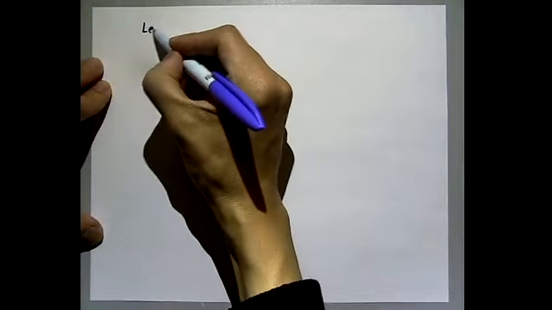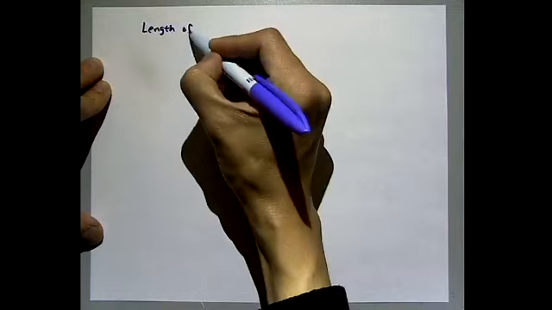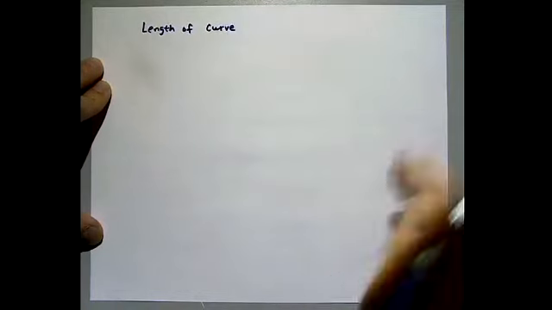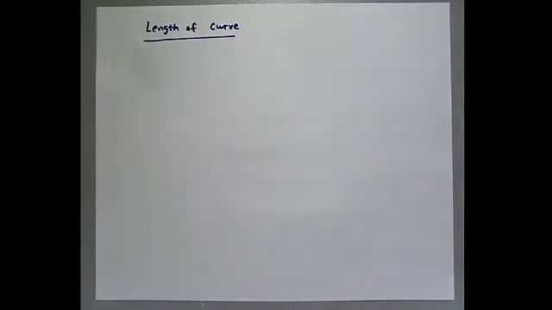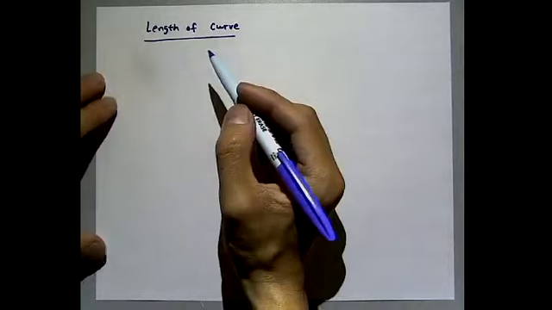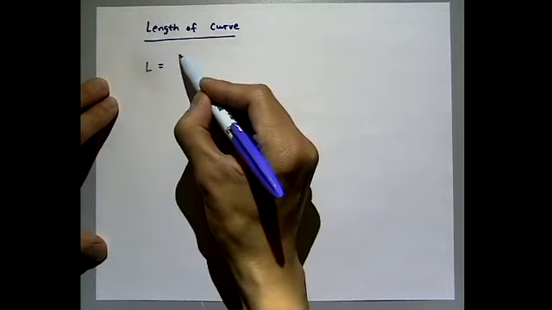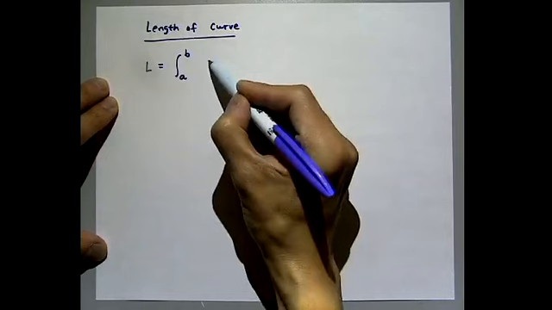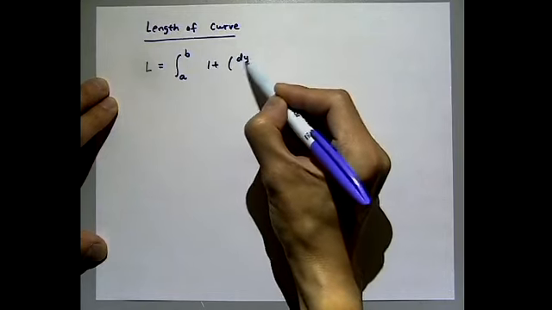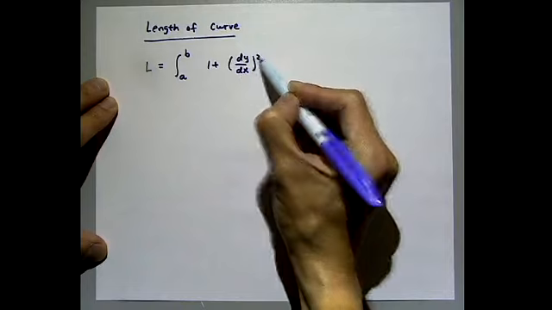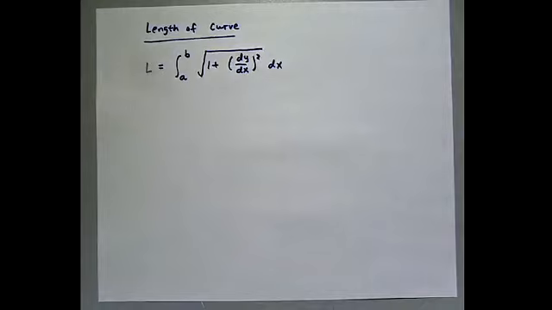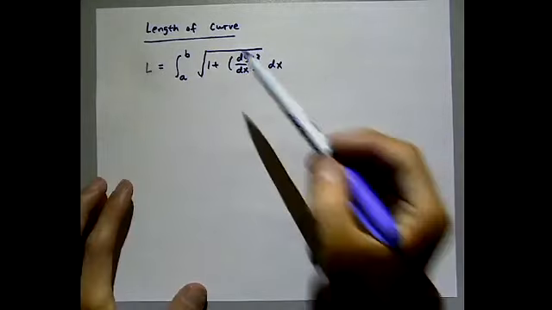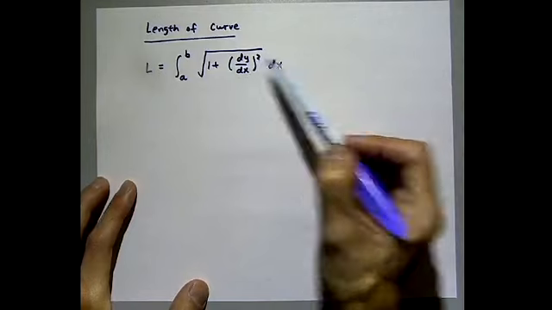Now let's look at how we can calculate the length of the curve. And we looked at this earlier. Right, we had this form of calculating the length of the curve, square root of 1 plus dy dx squared dx.